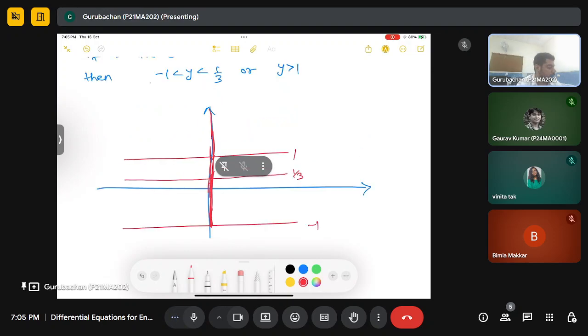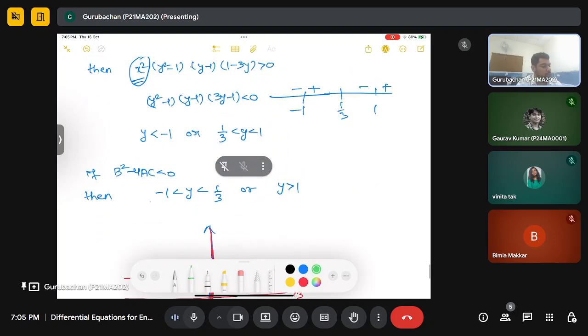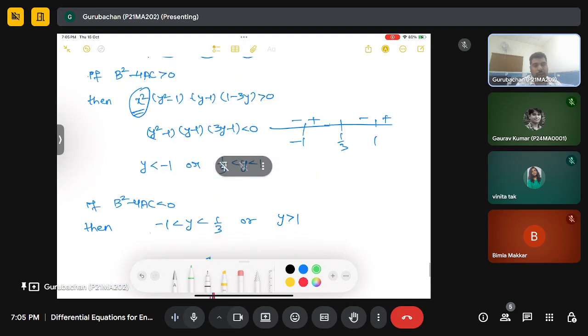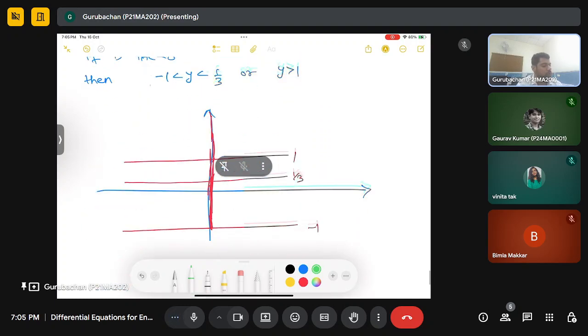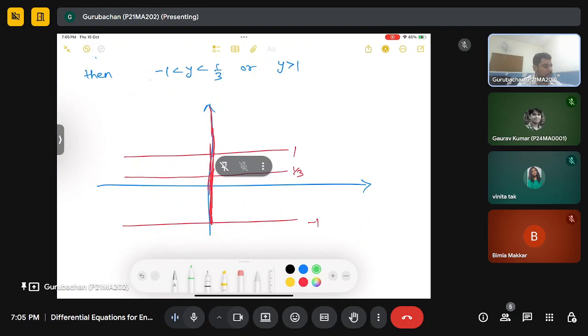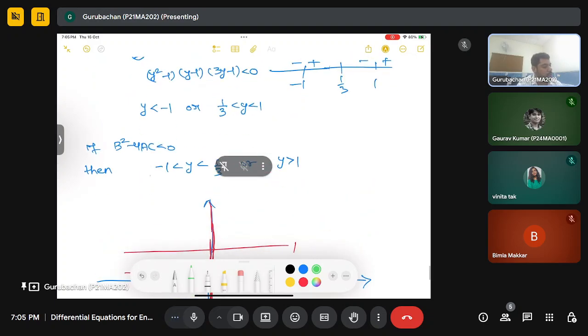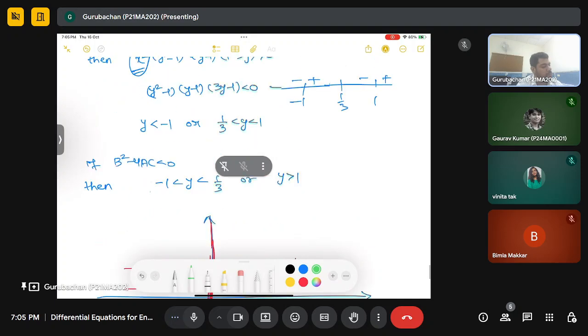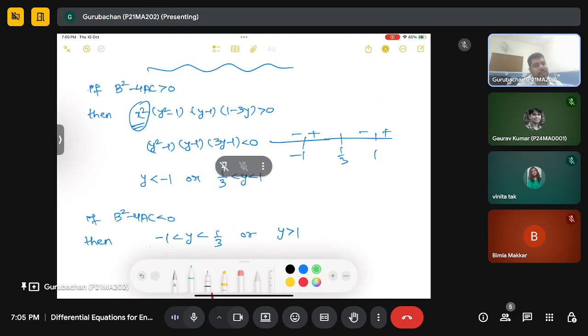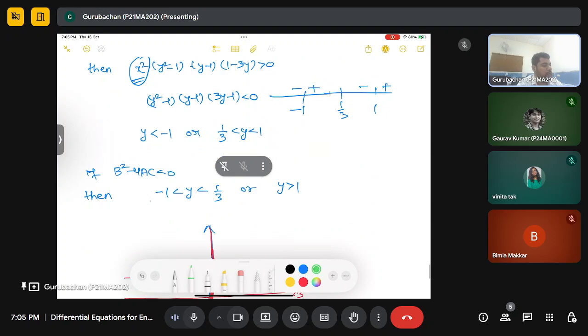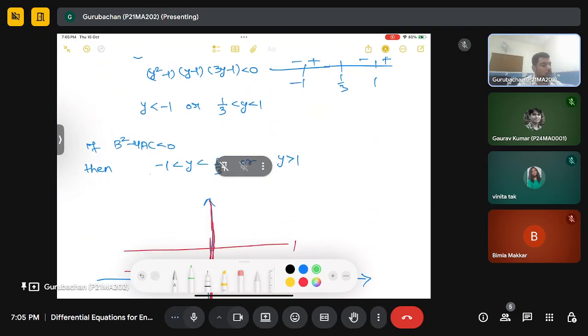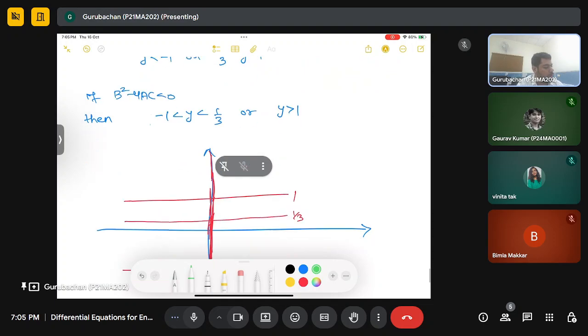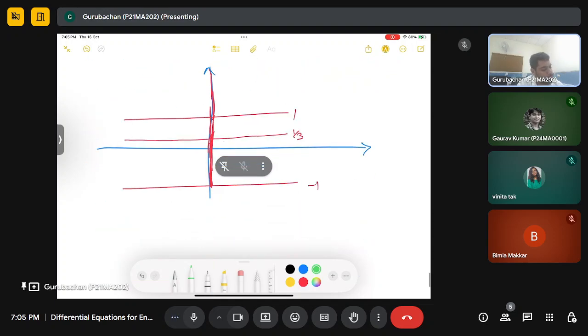These three lines correspond to the parabolic section. I'm assuming x is non-zero, so irrespective of the y-axis, what will be your case? y is less than -1, and y is between 1 by 3 to 1. Less than -1 means this case and this case.